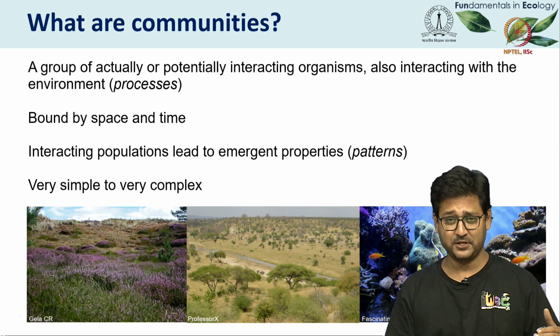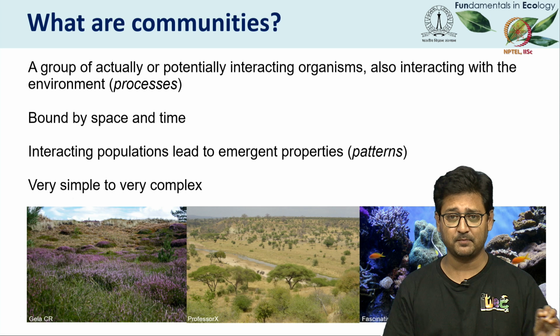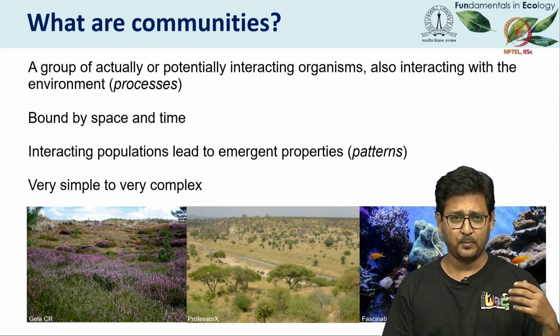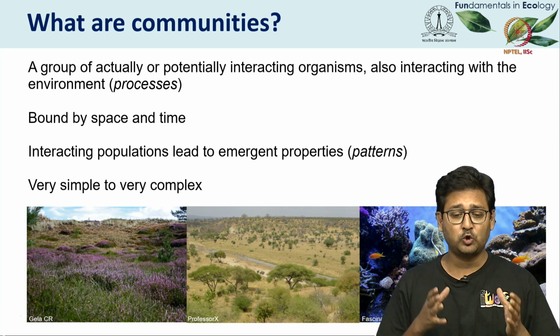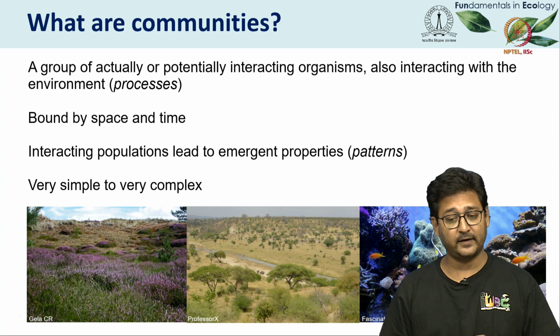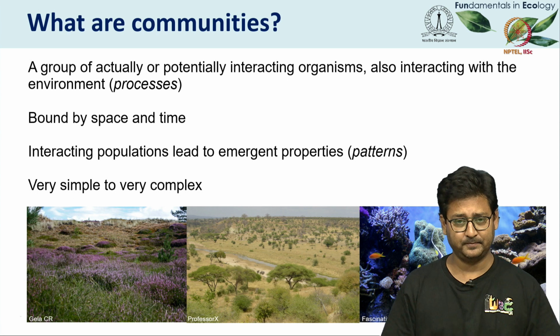There are many definitions of communities, and there are many definitions generally in community ecology of multiple terms and multiple concepts. But when it comes to a community, the broadest definition of a community is that it is a group of actually or potentially interacting organisms, which are all also interacting with the environment.